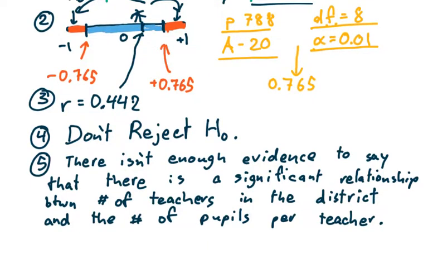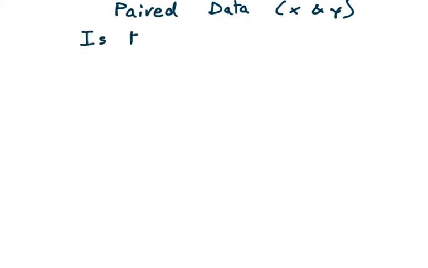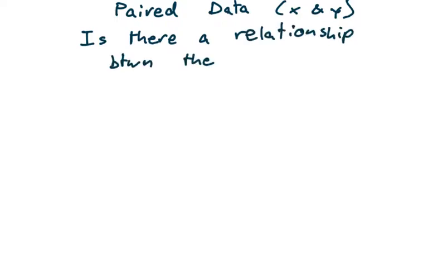And I was going to close the video there, but I wanted to do a real brief summary, since this is finally the end of chapter 10, section 1. So here's the scenario. We have paired data, and our primary question is, is there a relationship between these two variables?